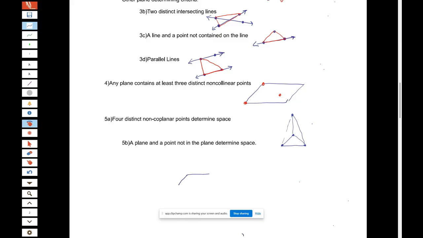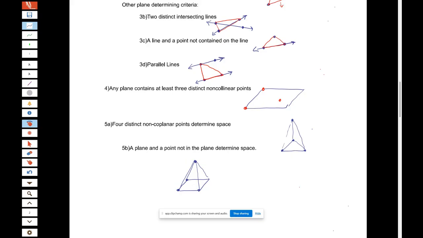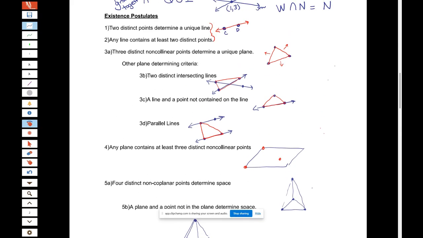You can also do a plane and a point not on the plane, because that's the same as having 3 points that are non-coplanar. I mean, you can connect it to the fourth one if you like, but you don't have to. You have to have three-dimensional space for that. So these are our existence postulates: how to make a line exist, how to make a plane exist, and how to make three-dimensional space exist.